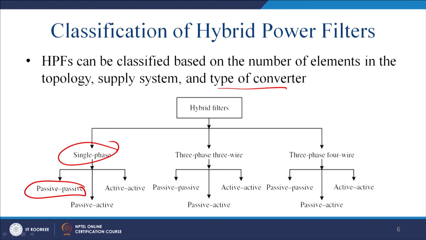So, this is no longer a power filter. You can have that passive-active combination, this is essentially the hybrid entity, and also you can have an active. I will show you how it differs. In the same way, in 3 phase you have the same kind of thing, that is passive, active, passive, and also it is there for the 3 phase 4 wire system.